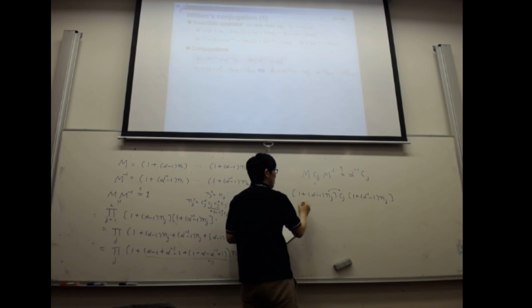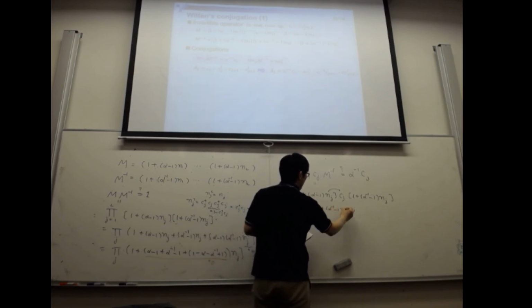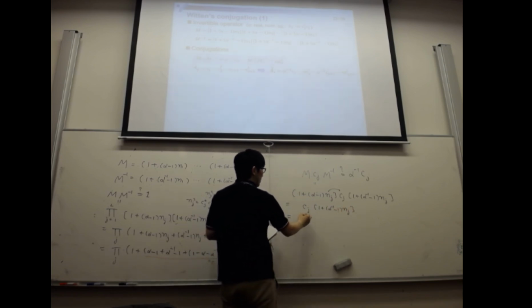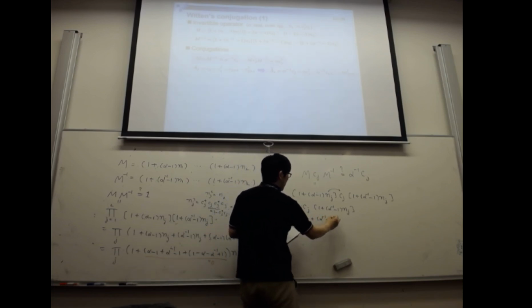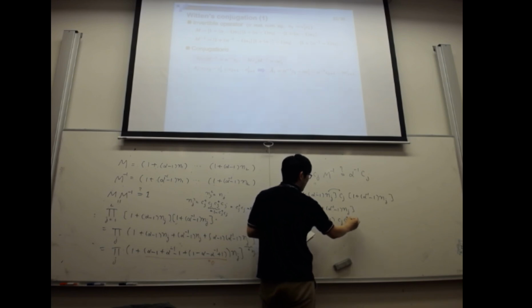So you just have Cj times 1 plus nj. And this is Cj plus alpha inverse minus 1 Cj nj, but the definition of nj is Cj dagger Cj.